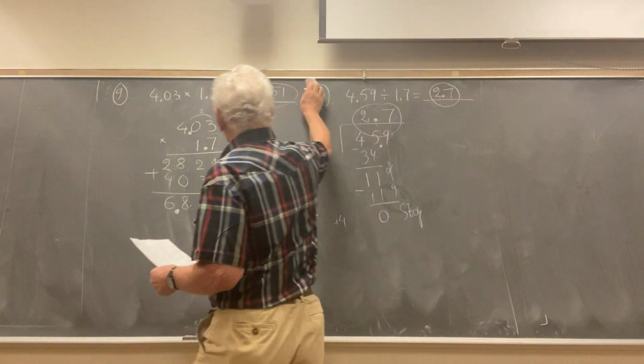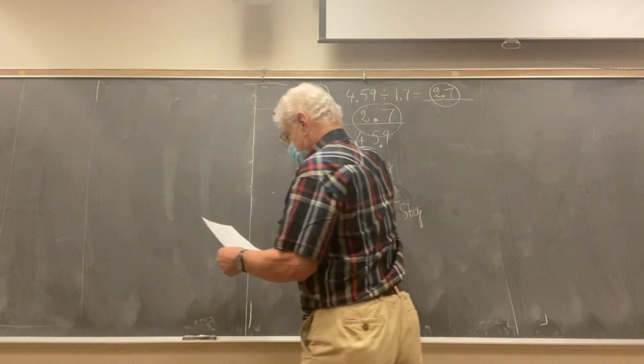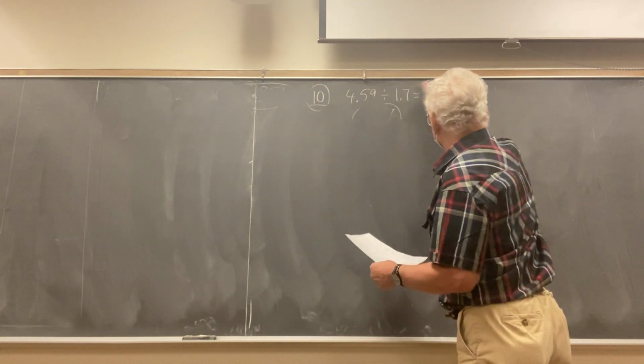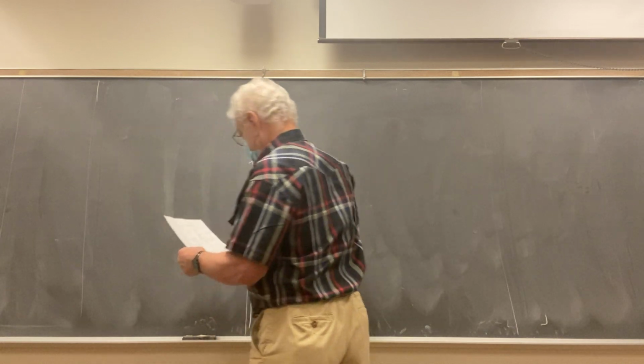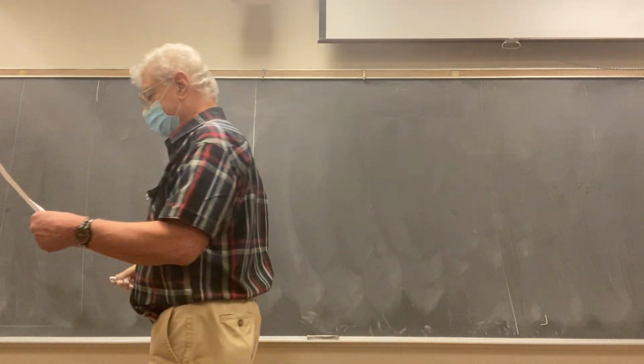Okay, number 11. So we start percentages, and that was the most difficult part to solve. It's actually easy if you know how to do it, and difficult if you don't.